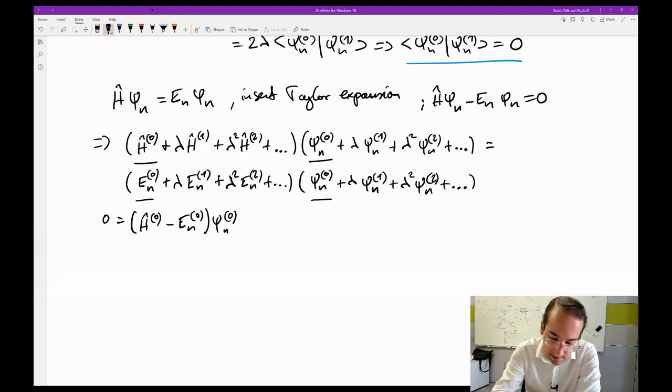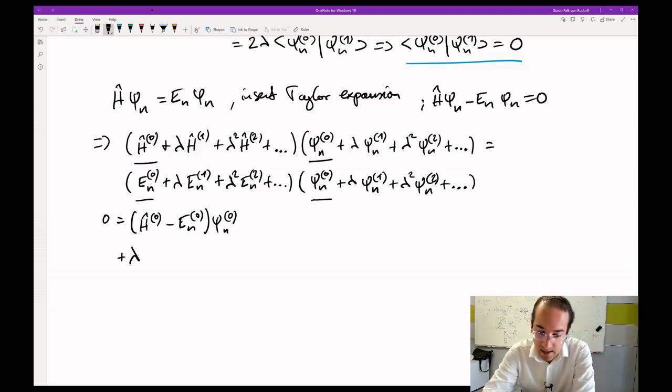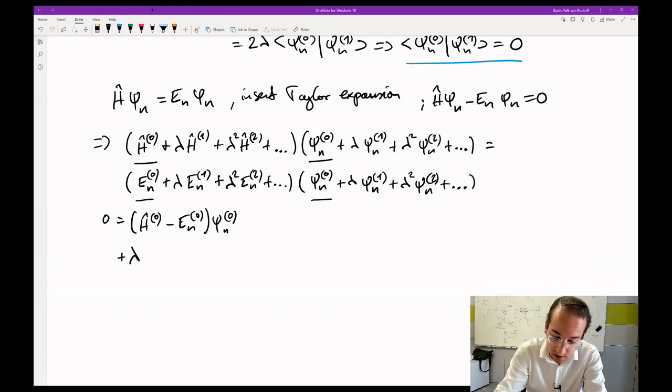Now let's collect those which have lambda as a prefix. This is somewhat difficult because there are two such combinations. You either have something that is zeroth order of lambda times something that is first order of lambda, or the other way around. Those are the individual cases that you collect. There are four of these terms.